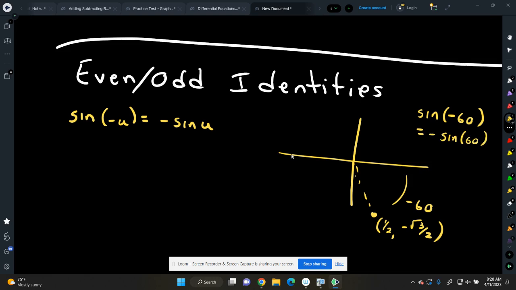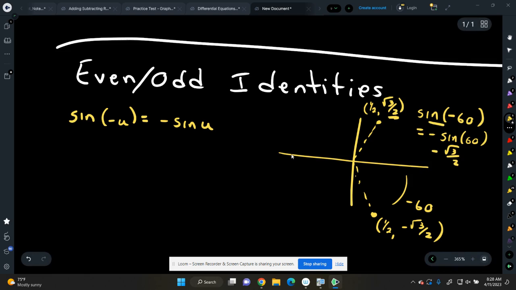Well, let's look at that. Here's sine of 60 up here, and the coordinate there is 1/2, root 3 over 2. So the sine of 60 is root 3 over 2. Negative sine of 60 is negative root 3 over 2. That's equal to sine of negative 60.